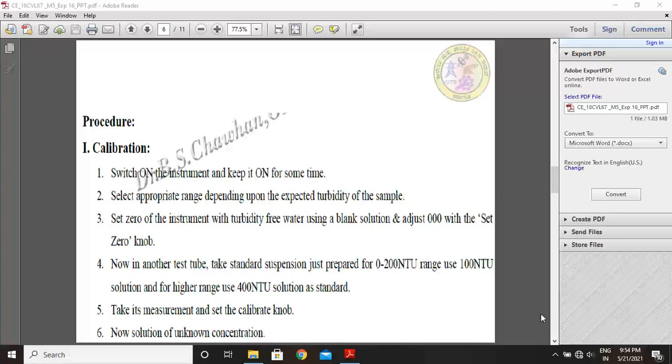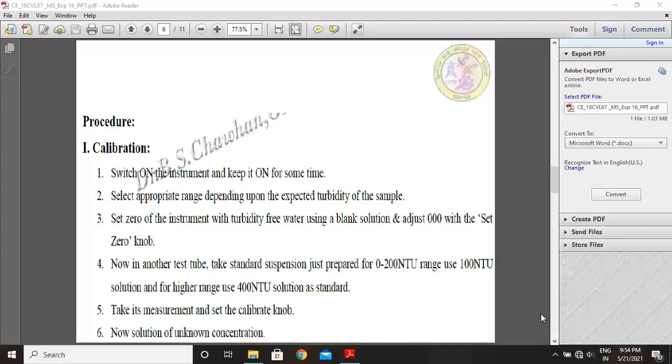The first phase is to do the calibration of the instrument, that is the nephelometer, the turbidity meter. First step, switch on the instrument and keep it on for some time. Then select the appropriate range depending upon the expected turbidity of the samples.